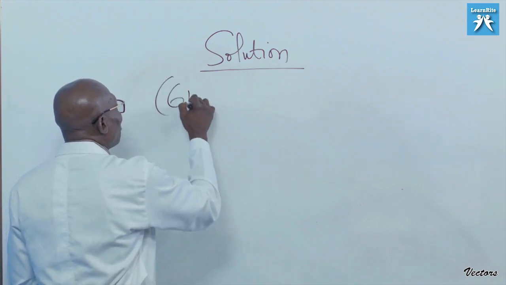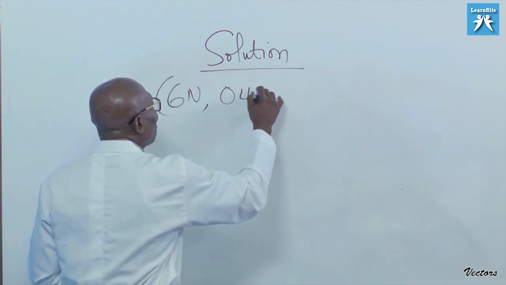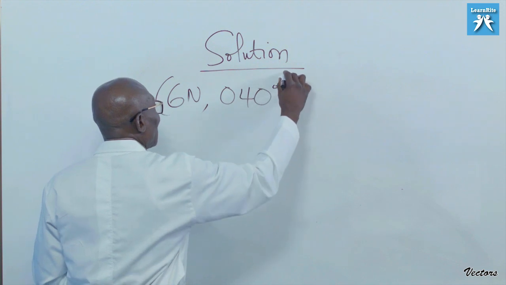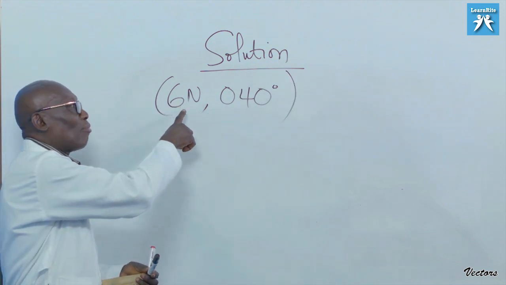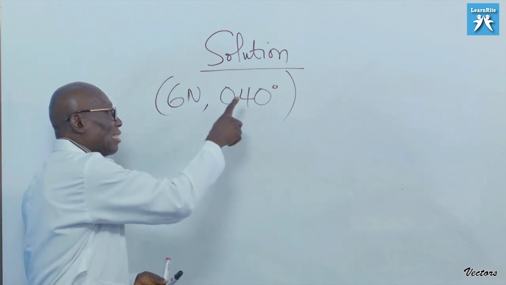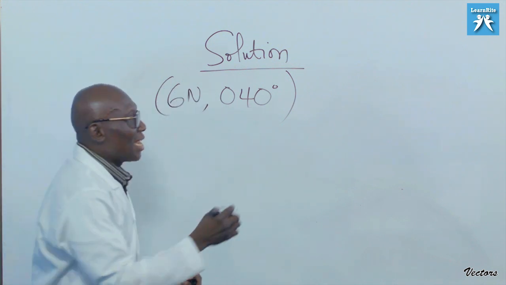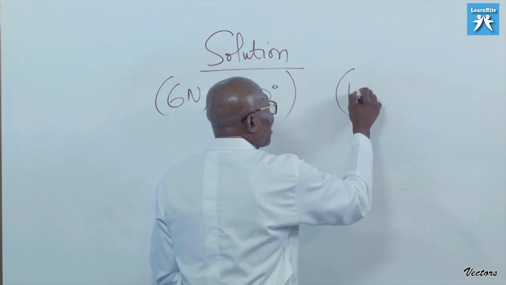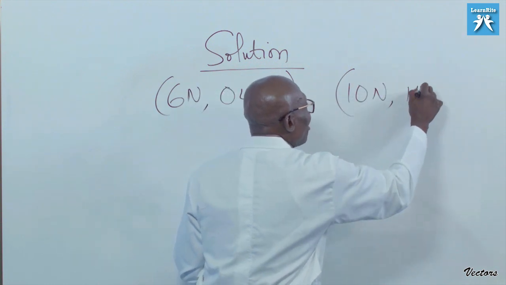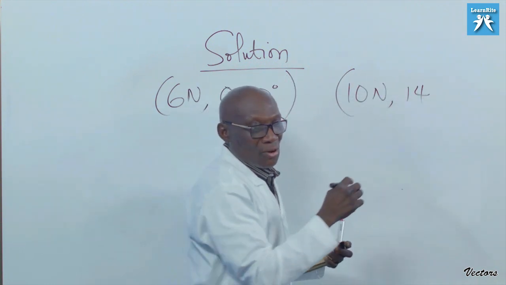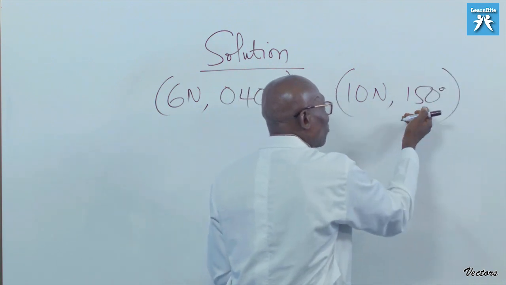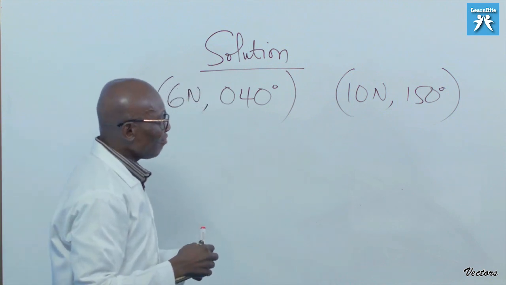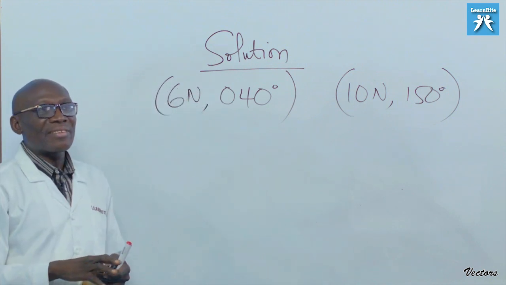We have 6 newtons, 040 degrees, and that's supposed to be the bearing indicating the direction. So this is the magnitude of it, and this is the direction. And the other vector is 10 newtons, 150 degrees, again expressed in bearing. These are the two vectors.